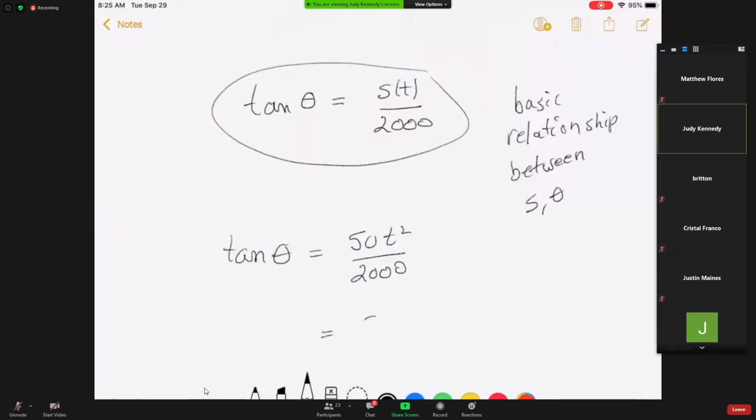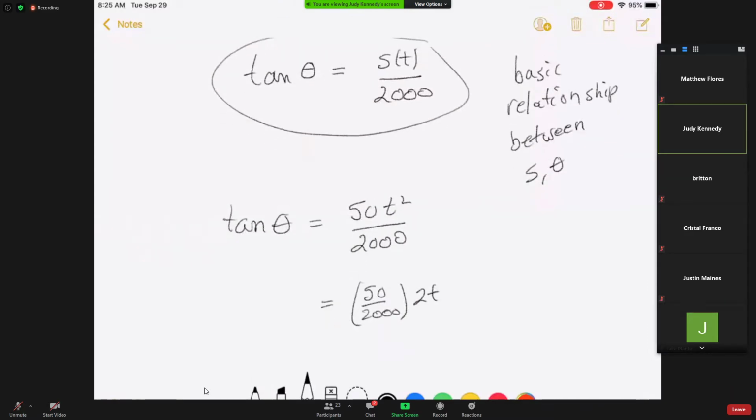It's just 50 over 2000 times 2t. What's the derivative of the left-hand side? Remembering that theta is a function of t. Theta changing. Would somebody please tell me?